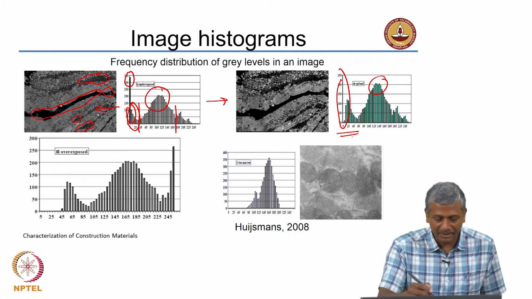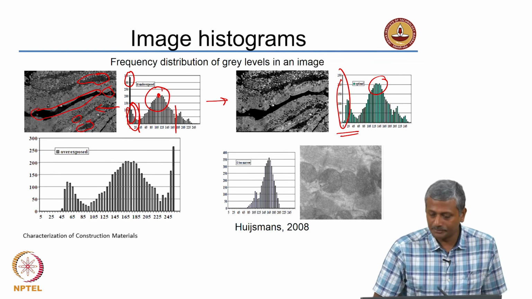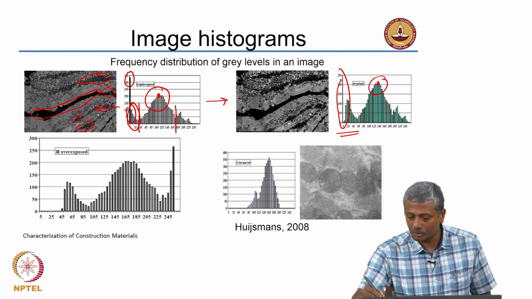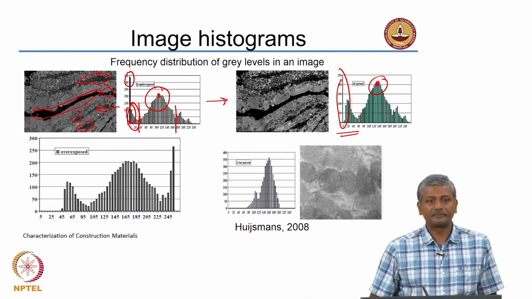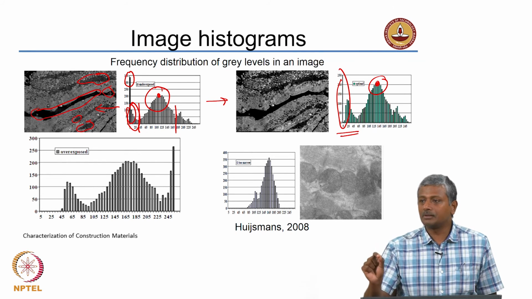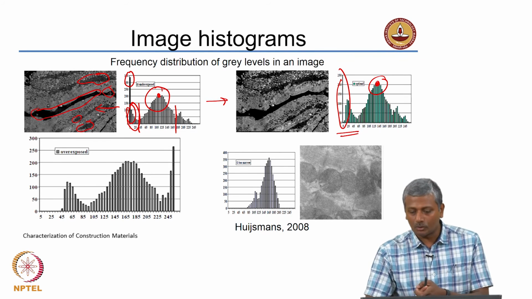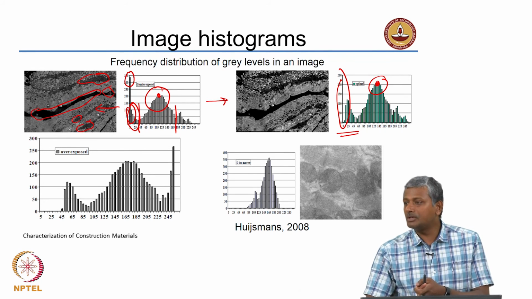For example, here the peak was close to 110 or so, here our peak is shifted to about 125. More or less, we have added a single gray level to each point. For example, our point had a gray level of 0, I have added 15 to it and made it 15.